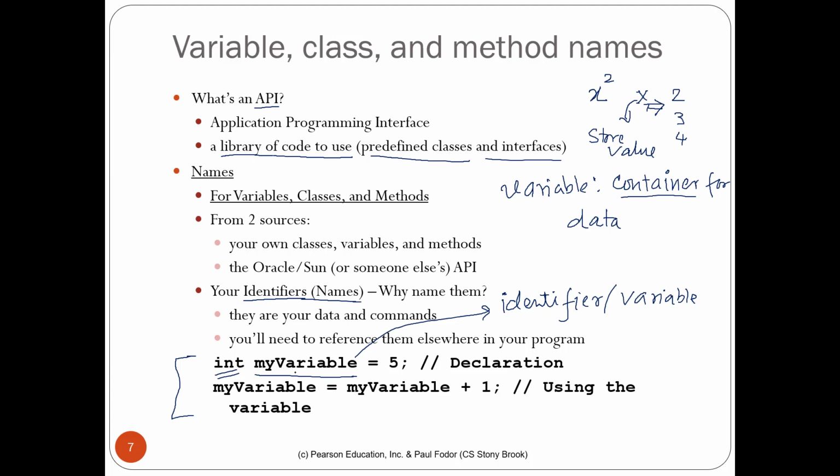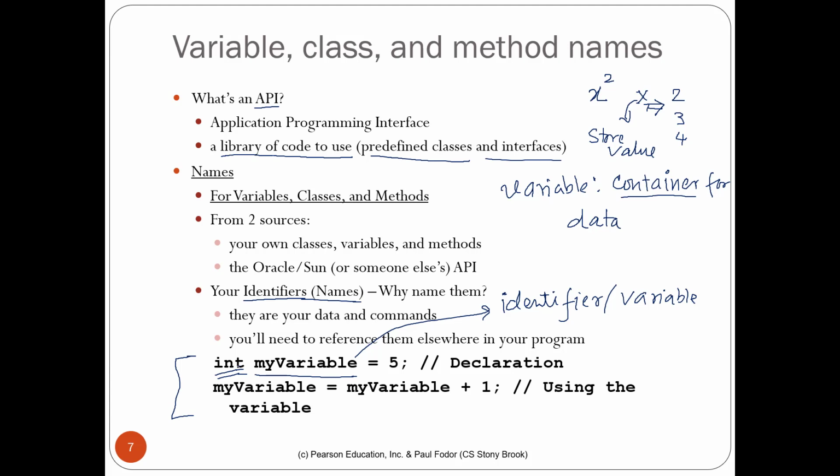For whichever variable you are declaring, you should specify its type. Ultimately these variables are containers, so you should tell your program what kind of value you will keep in this container. Is it an integer value that I want to keep, or is it going to be a decimal number? All these things should be told to the compiler.